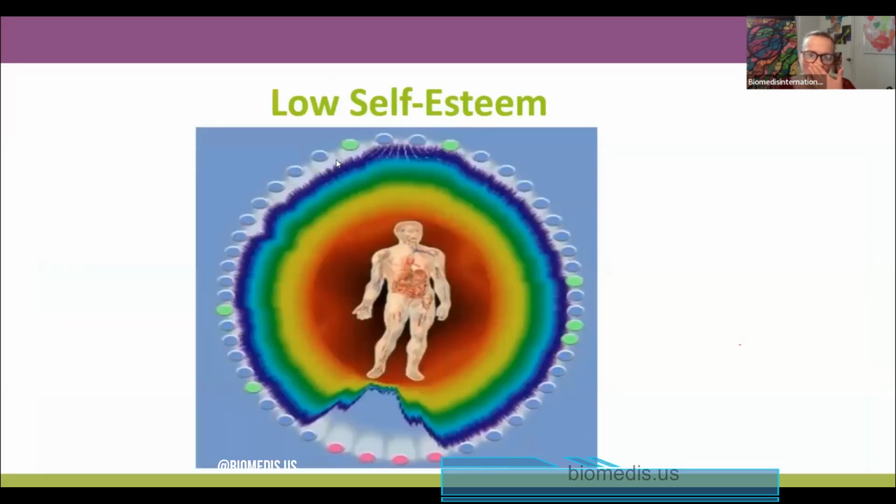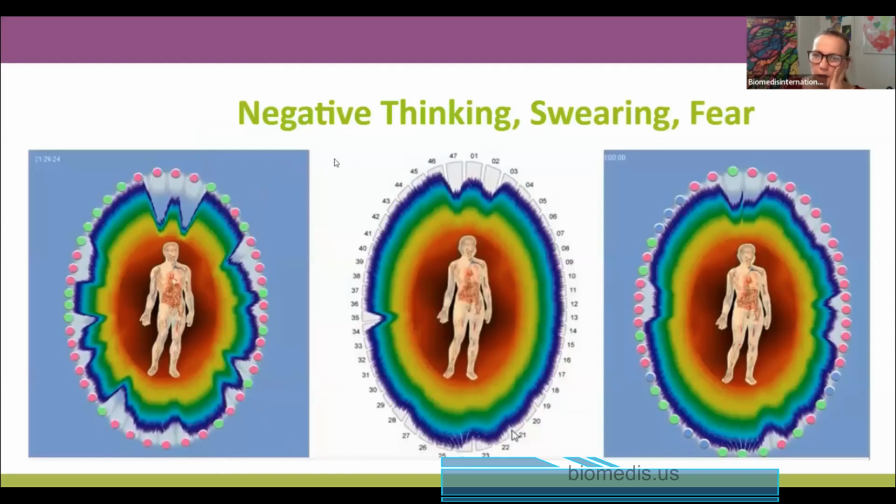This is how low self-esteem looks. Look under the legs, it's like no ground to stand up for yourself. Negative thinking, swearing, and fear: you will see this above the head, a figure W. They could be sharper or less sharp, but that's a sign of negative thinking.